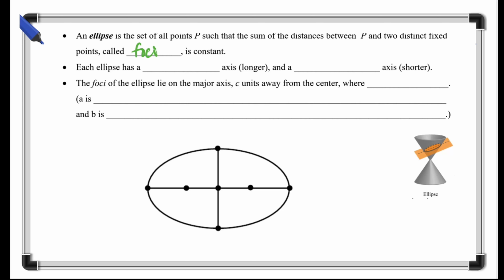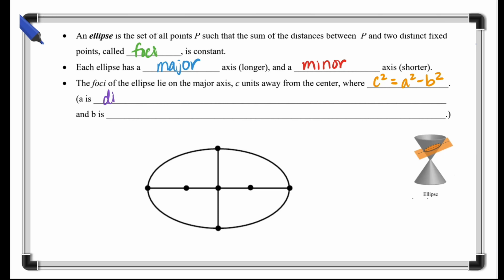Now each ellipse has a major axis, which is the longer one, and a minor axis, which is the shorter one. The foci of the ellipse lie on the major axis, and they are c units away from the center, and we have a little formula to help us find our c value. So c squared equals a squared minus b squared.